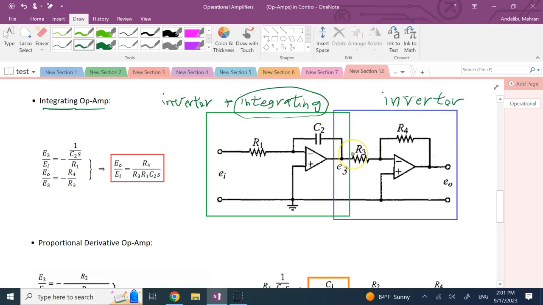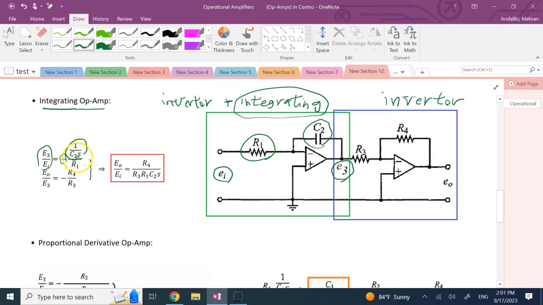So now, how do I basically analyze this? Well, if I look at the green circuit, the output voltage E3 over EI in the Laplace domain is going to be negative of Z2 over Z1, where Z2 is this and Z1 is this. So Z1 is the same as R1. Z2 is 1 over C2S.